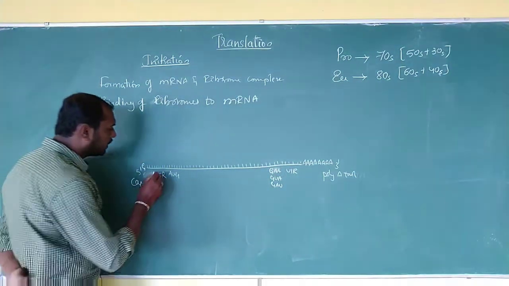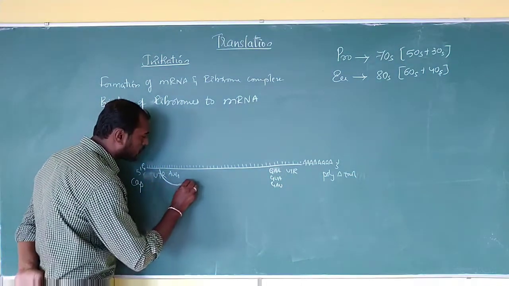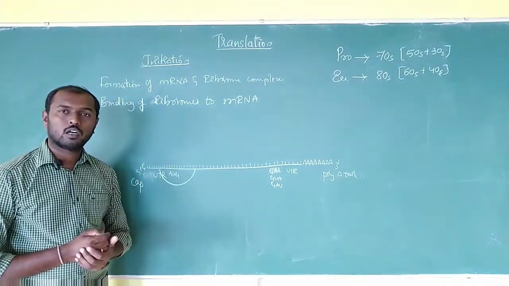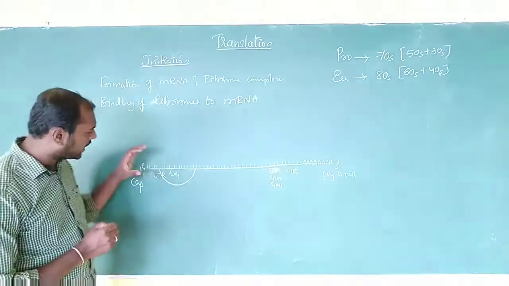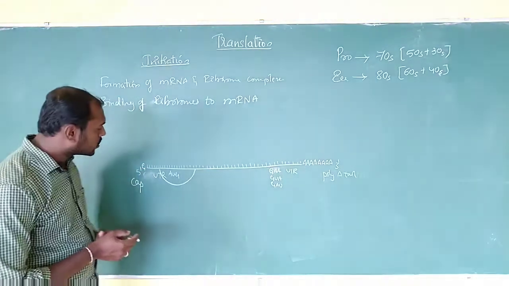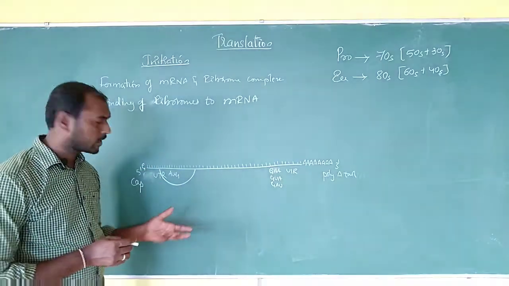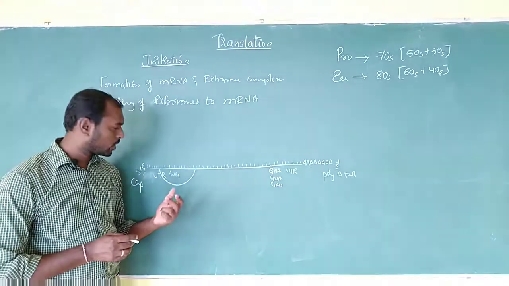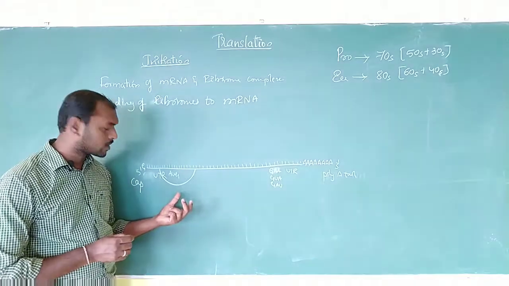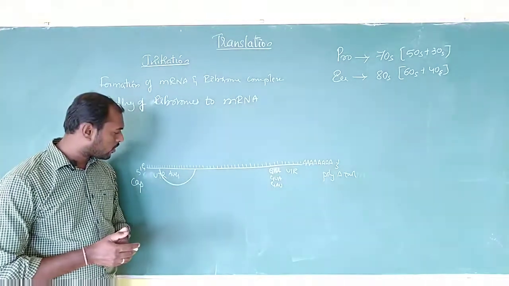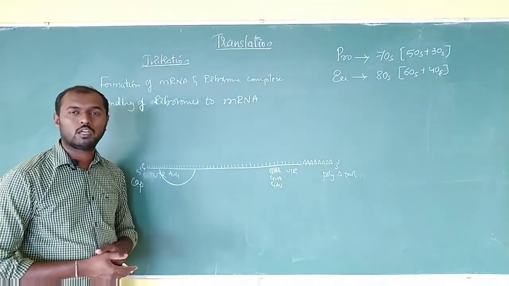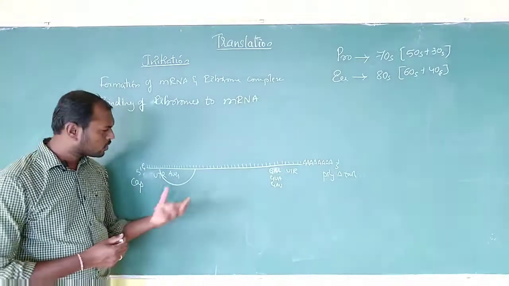First, the smaller subunit of the ribosome is going to bind to the mRNA at the site where the start codon is present. In case of prokaryotes, this process is initiated by initiation factors 1 and 2. In case of eukaryotes, it is initiated by initiation factors 1, 2, 3 and 4. Okay, so they are different.